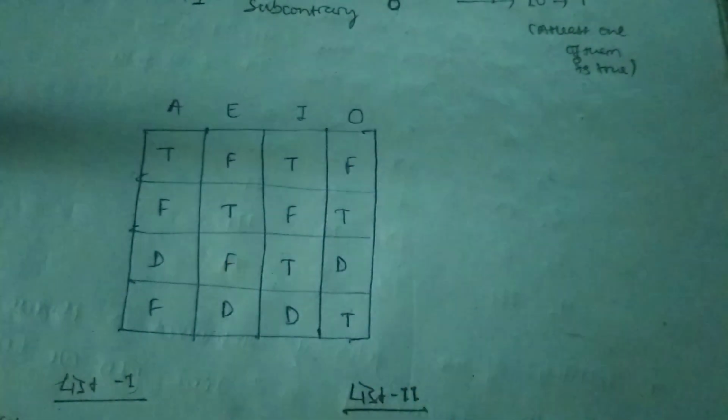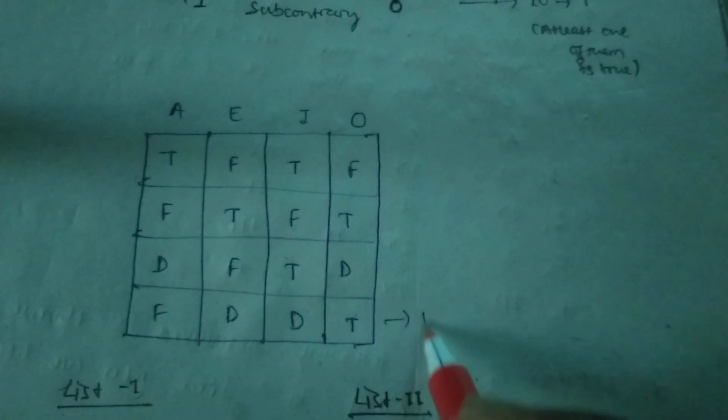And this box is also something we need to remember. This is A, E, I and O. You can see T, T, T, T along the top, and diagonally F, F, F, F, and at the end we put D, D, T. We remember DDT, generally we know DDT.